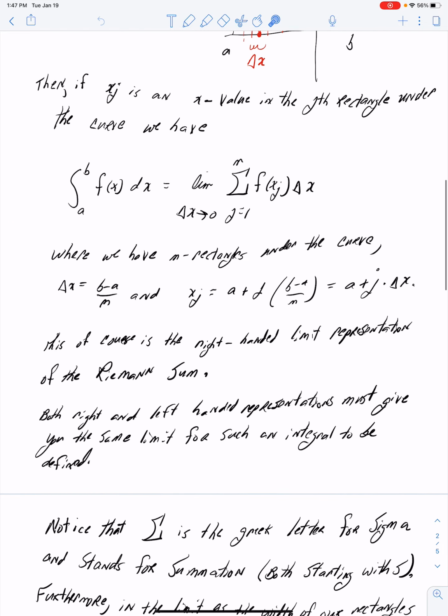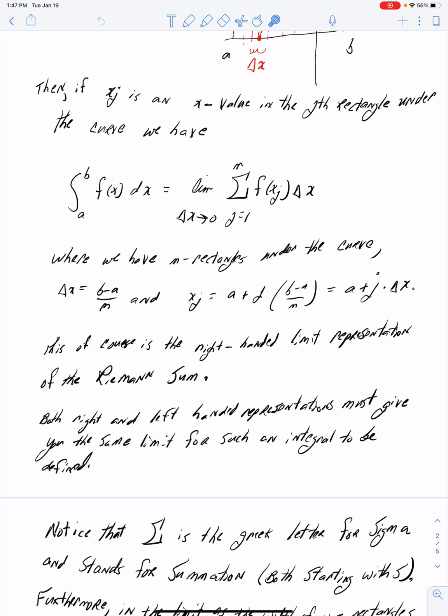And so, if you notice, in the limit, as delta x goes to 0, sigma, which stands for sum, both start with s, get it? Turns into the integral, which looks an awfully lot like an s.